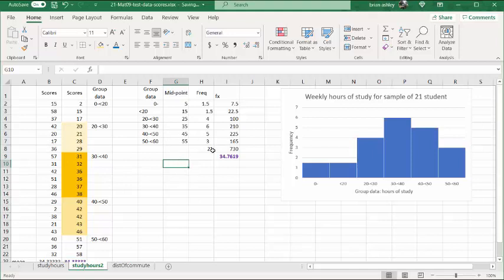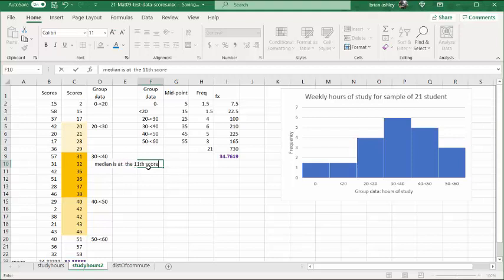Median, we've got 21 scores, so the median is at the, so it's 21, add 1, 21 plus 1 is 22, divided by 2 is 11, so it's at the 11th score.